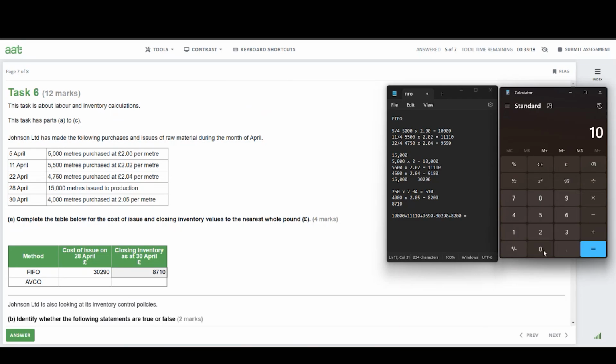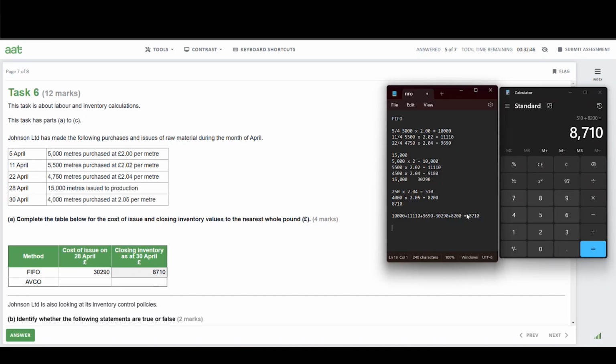Calculation is 10,000 plus 11,110 plus 9,690 minus 30,290 plus 8,200. So that marries up to the closing inventory value that we've already calculated. Okay, that's just an alternative way that you can calculate closing inventory.